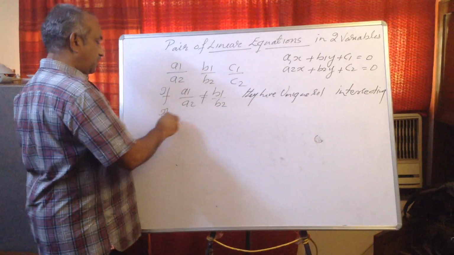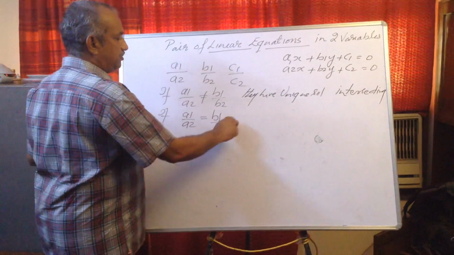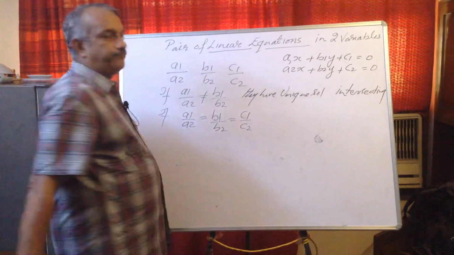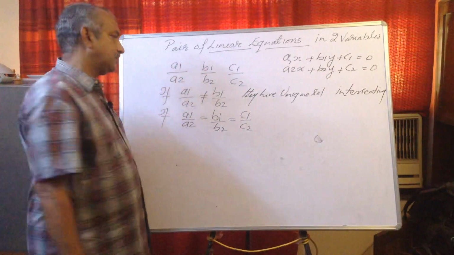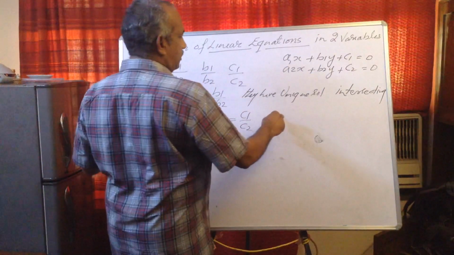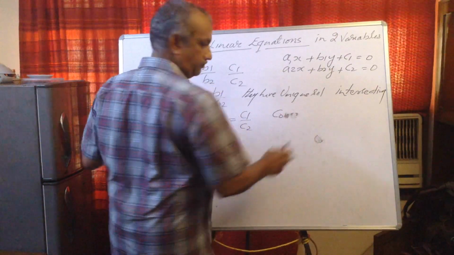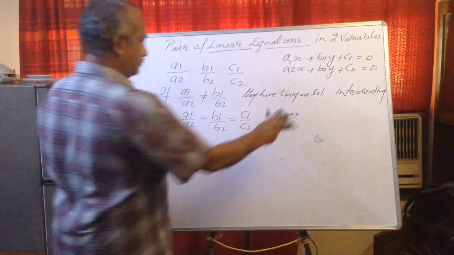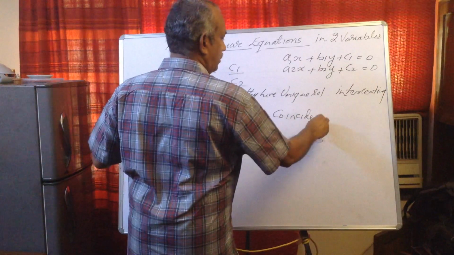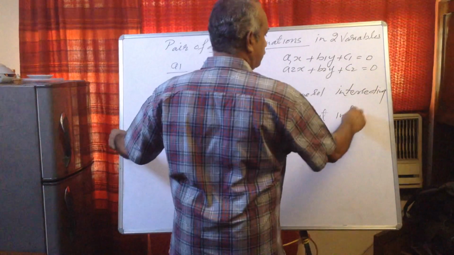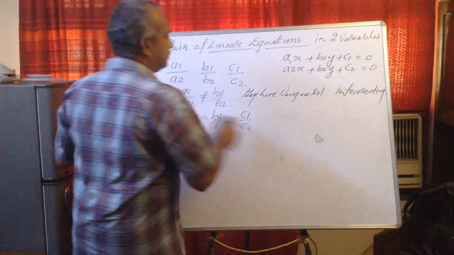Now the second case, if a1 upon a2 is equal to b1 upon b2 is equal to c1 upon c2. Now all are equal. Actually both the equations will be the same. That will be clear when we take examples. So in this case, the graphs will be coincident and infinite solutions will be there.